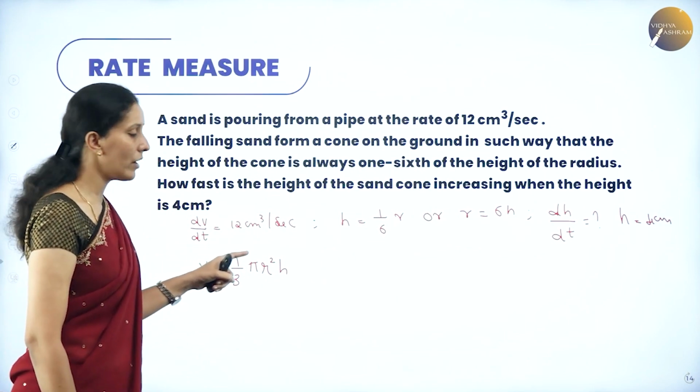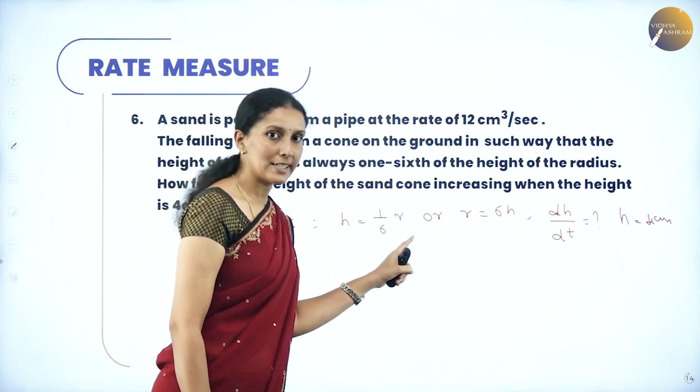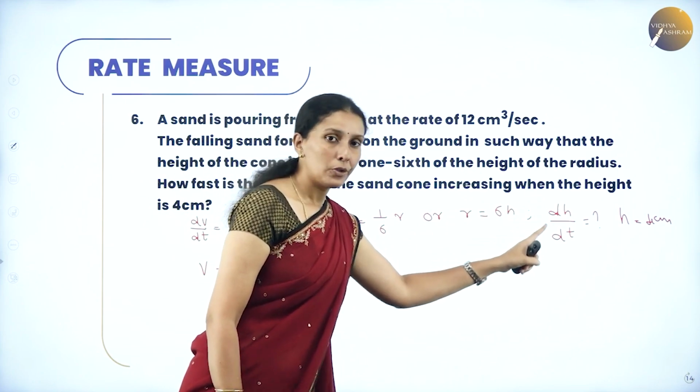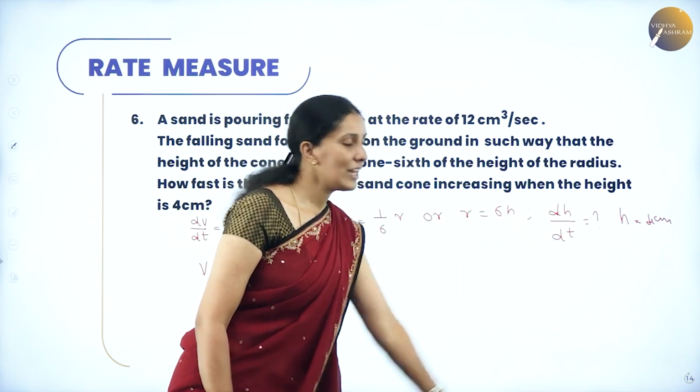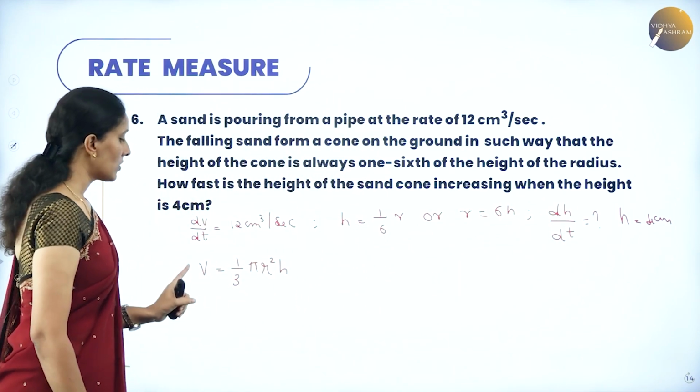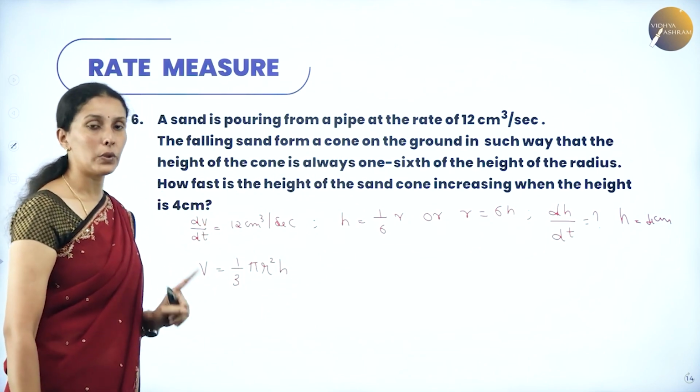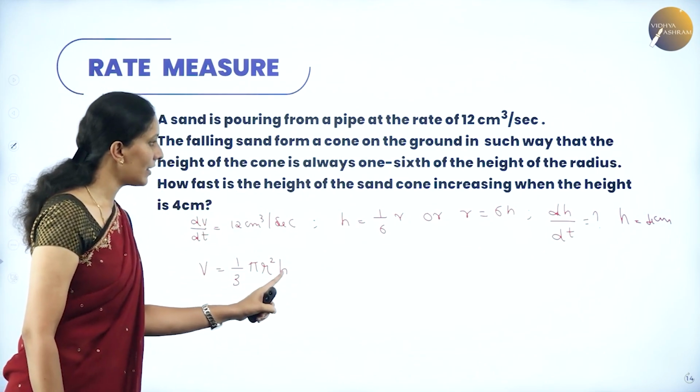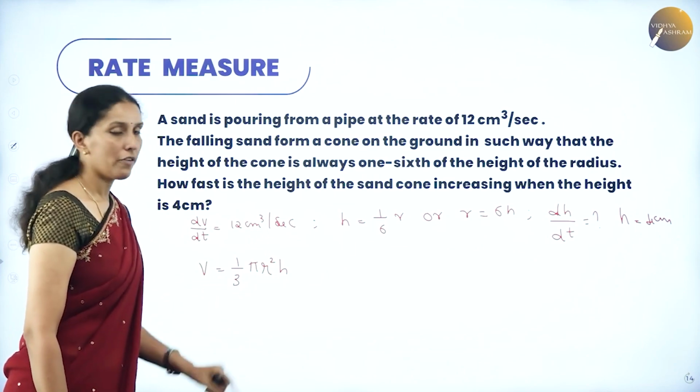So these are the things given. Change in volume is given. Relation between height and radius is given. And we have to calculate the change in height whenever height is 4 centimeter. So now let us derive this with respect to t here. But before this, let us convert r in terms of h.